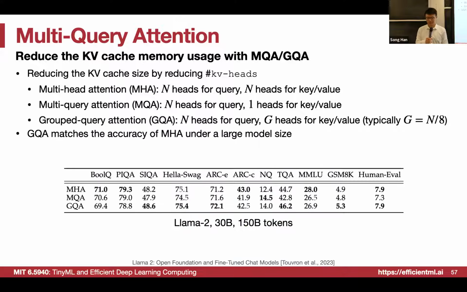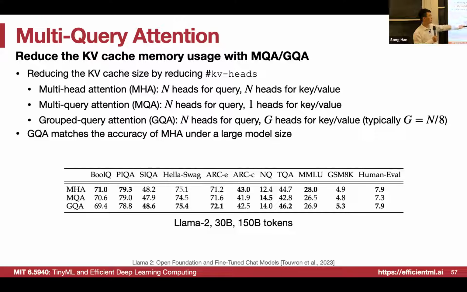But what about the accuracy? This is showing the performance of the multi-query attention and grouped query attention, compared with the baseline, which is the multi-head attention. You can see on the Llama 2 30B with 150B tokens, the GQA, the grouped query attention, actually matches the accuracy of multi-head attention under large model sizes, like the 30B model.